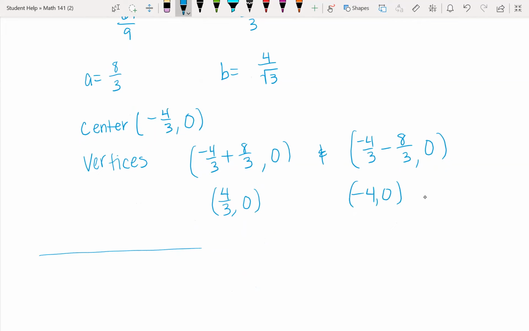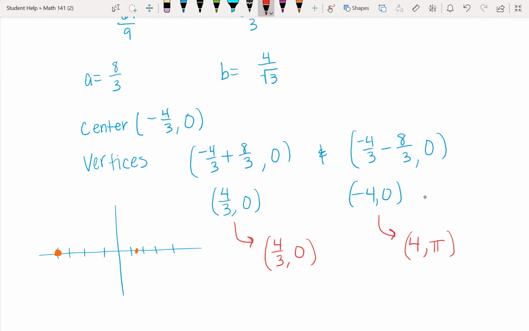Now thinking about it, these are rectangular coordinates that we've been given, right? So -4, 0 is here. 4/3 is going to be about here. In polar, this equates to 4/3, 0 being the angle, and this equates to 4, pi.